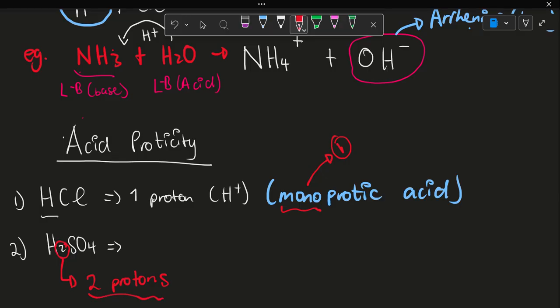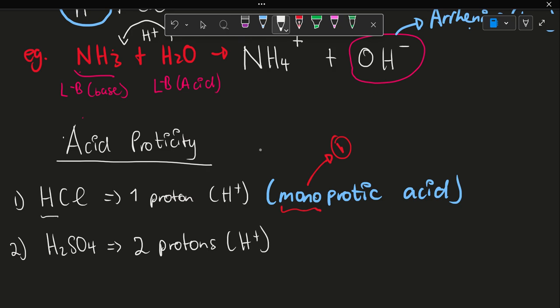That's what the number of hydrogen atoms tells me. Now let's see what actually happens. So I have H2SO4, and something that can donate 2 protons, we refer to as a diprotic acid.